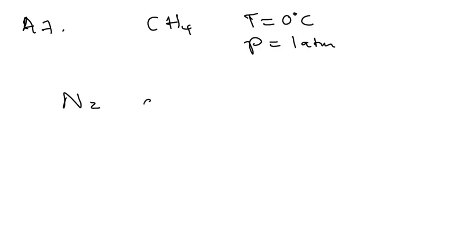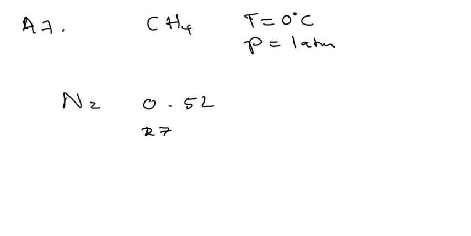We are given CH4. That's what we have. Then they're saying the temperature for this is 0 degrees Celsius and the pressure is 1 atm. Then they are saying what volume of this will be needed to occupy the same number of molecules as compared to nitrogen, with 0.5 liters as the volume, measured at 27.